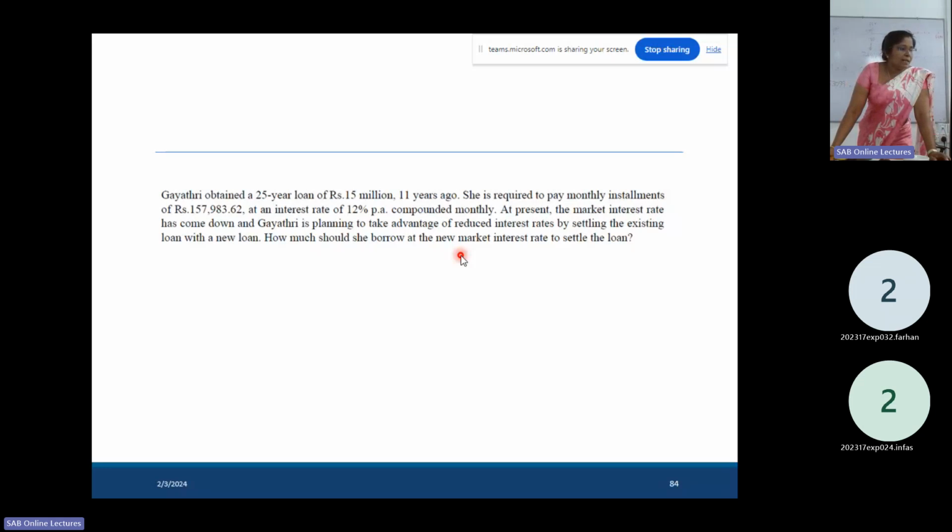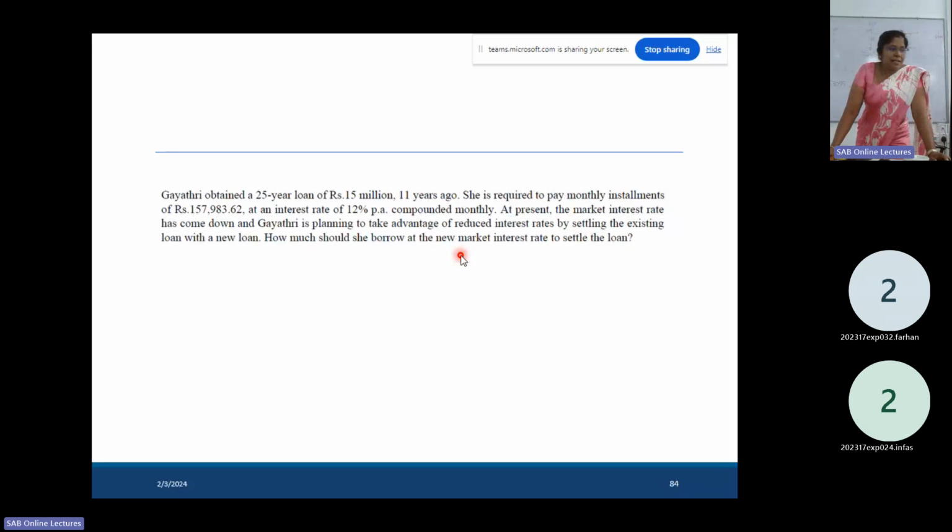Loan outstanding value. Gayatri obtained a 25-year loan of 15 million 11 years ago. She is required to pay a monthly installment of 157,983. Interest is 12% per annum, compounding monthly. At present, the market interest rate has come down.